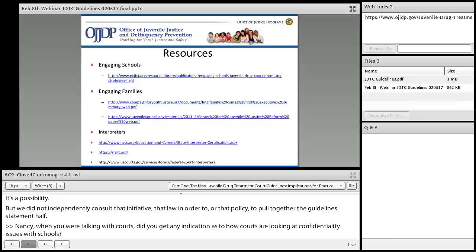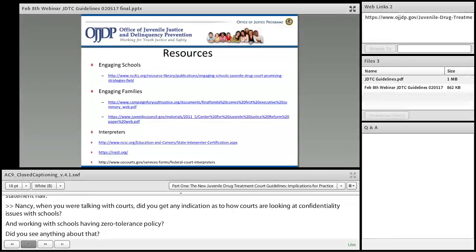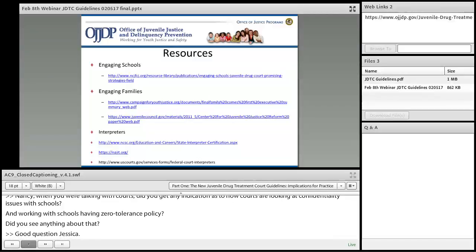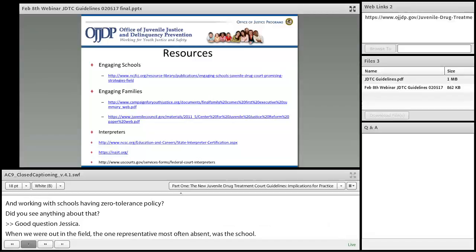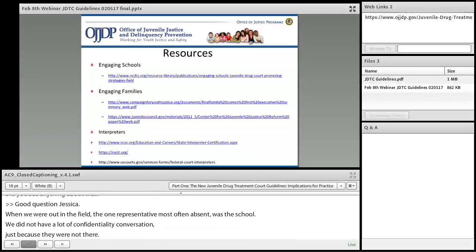Good question, Jessica. When we were out in the field, the one representative that was most often absent was the school. So we didn't have a lot of confidentiality conversations just because they weren't there. Talking about that in the context of state law may be a path to take.